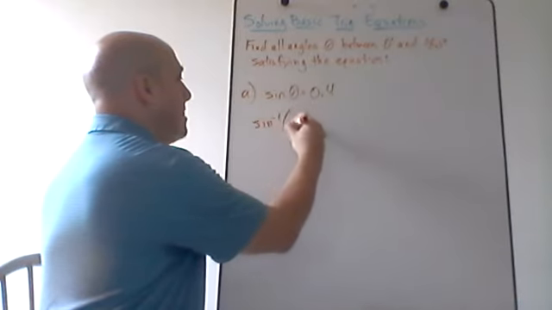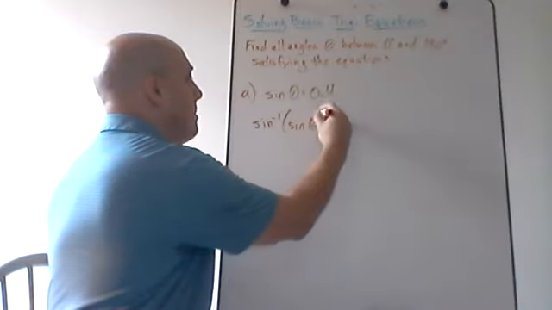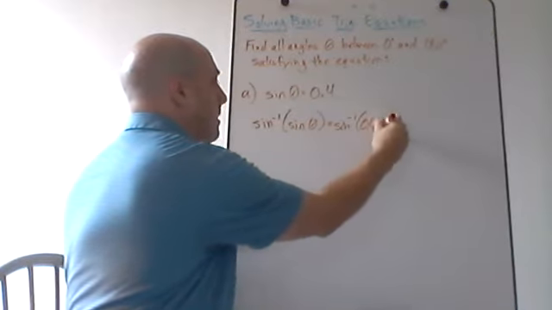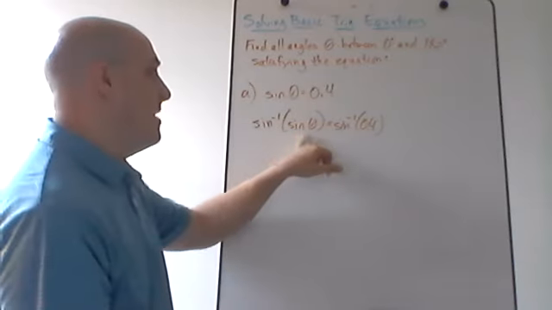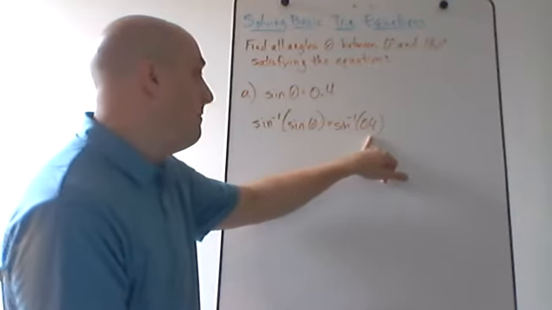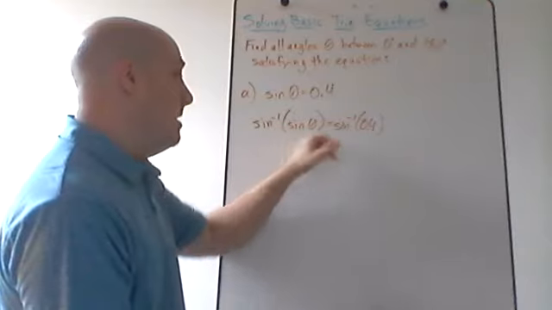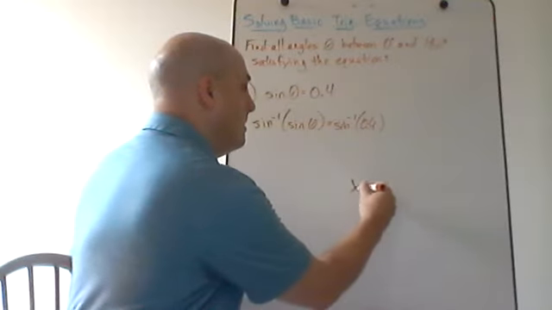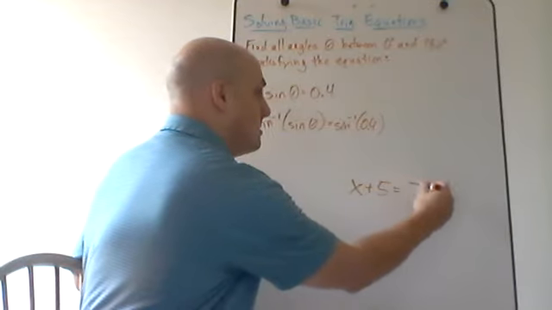So basically I do sine inverse on both sides of the equation. Right, so I do sine inverse of sine of theta equals sine inverse of 0.4. I'm allowed to do that as long as I do it on both sides of the equation to keep my equation balanced. Just like if I had x plus 5 equals 7.